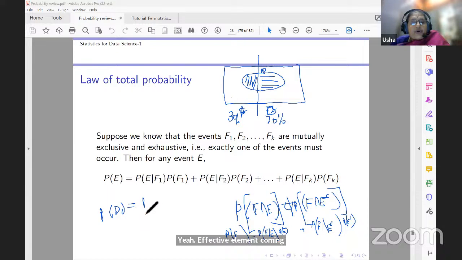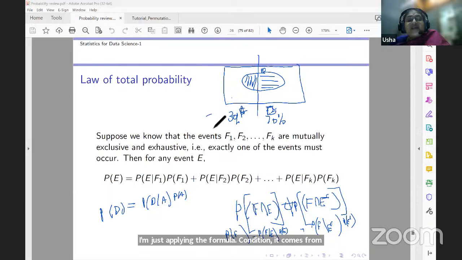I'm just applying this formula: the probability of defective conditioned on it coming from A times the probability of A, and so on. I also say that the chance of an element being defective from A is 2% and from B is 3%.